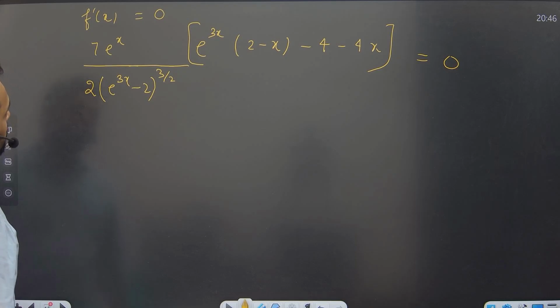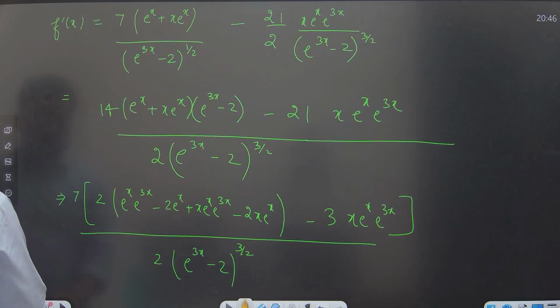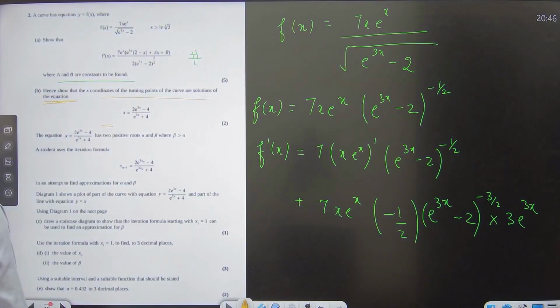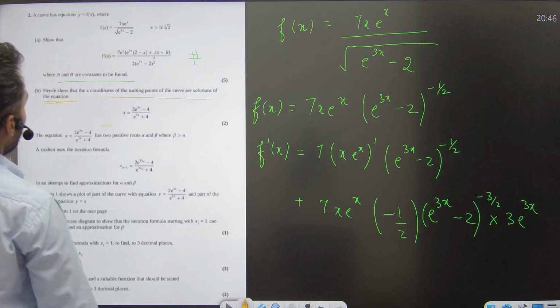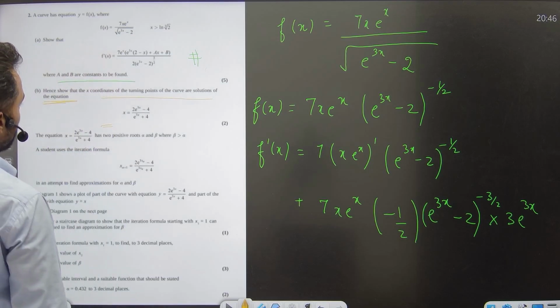Okay. So if I see this function, student, what they have asked for is that this is the solution of this particular expression, 2 e raised to the power 3x minus of 4 upon e raised to the power 3x plus of 4.